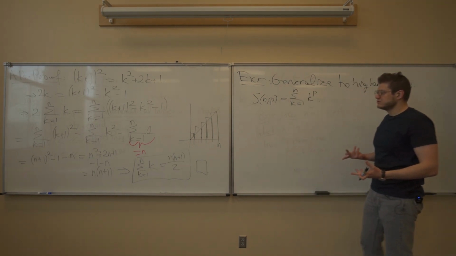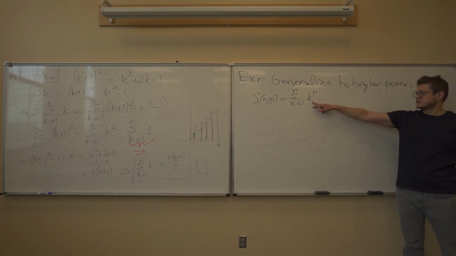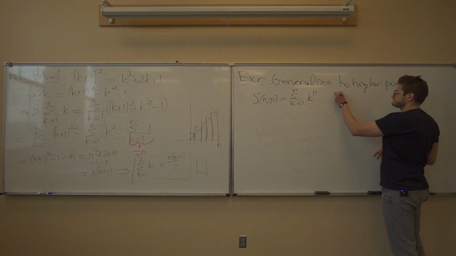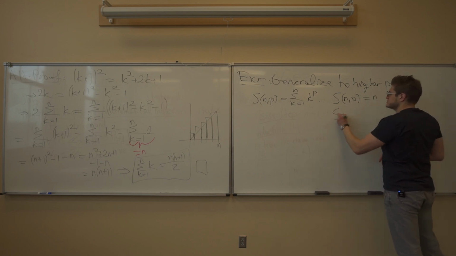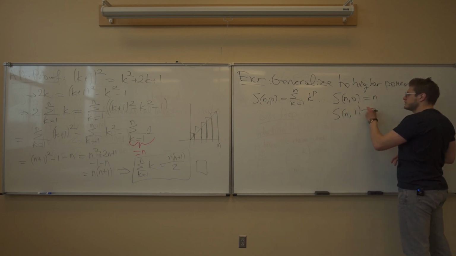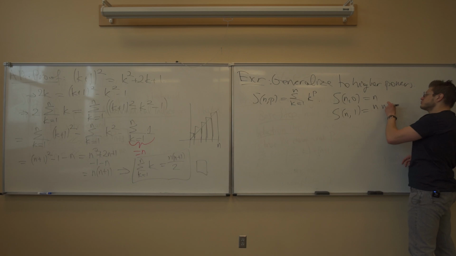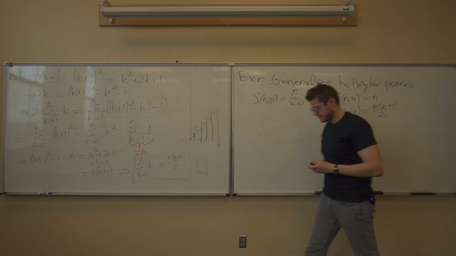So S of n comma 0 is just n, because a number to the 0 is 1. And we just proved that S of n comma 1 is n times n plus 1 divided by 2, and so on.